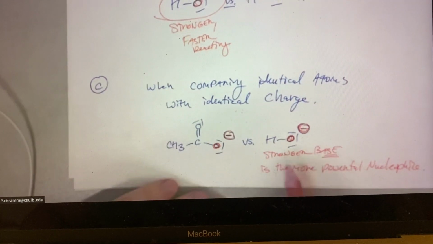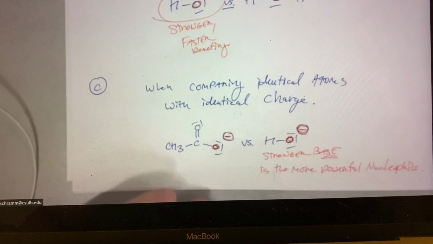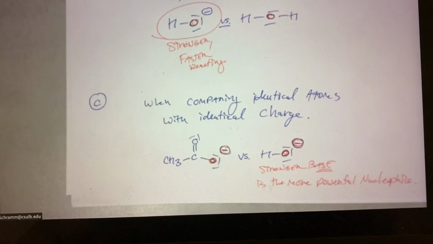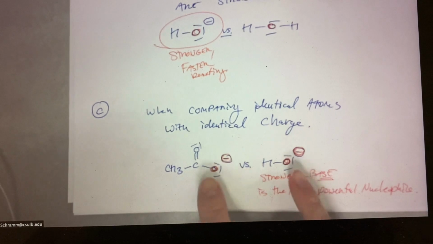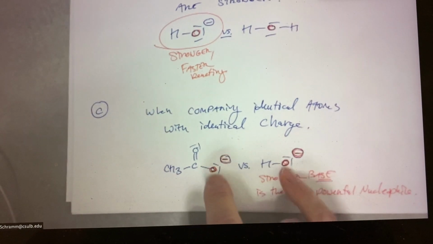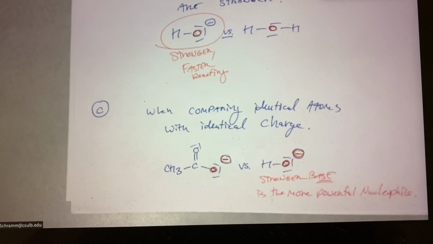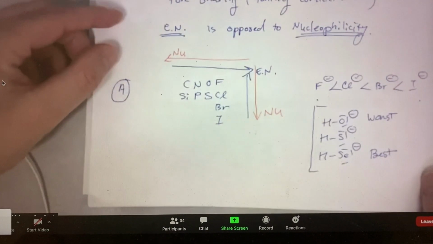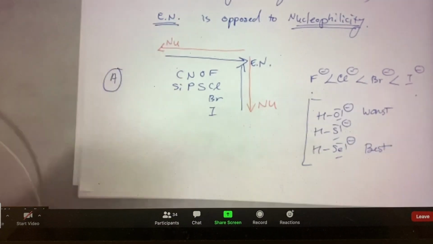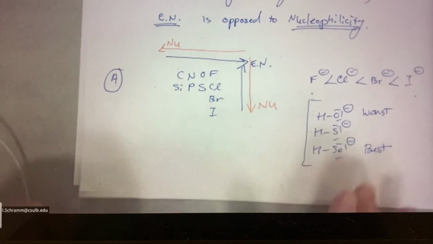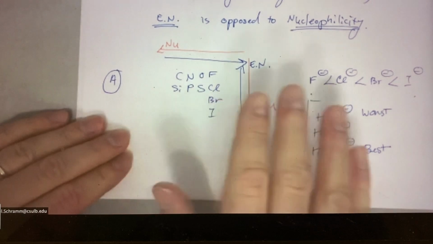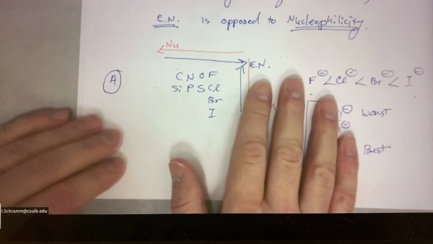In this case, the stronger base is the more powerful nucleophile, but it only applies to this particular case where we're comparing the same atom with the same charge. The overwhelming principle, and I'll bring the slide back momentarily, the overwhelming principle about nucleophilicity is that it's opposed to electronegativity. So if we can make this type of distinction, we don't look at condition B and C.